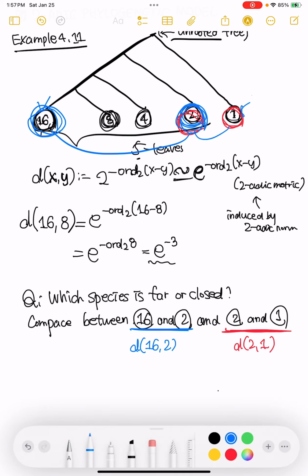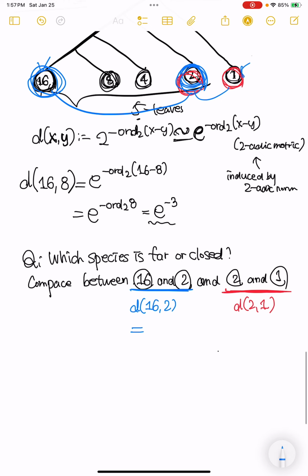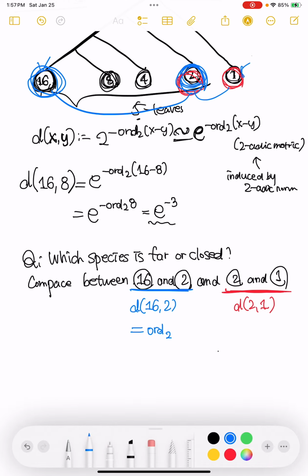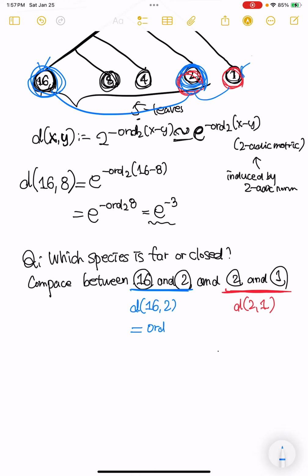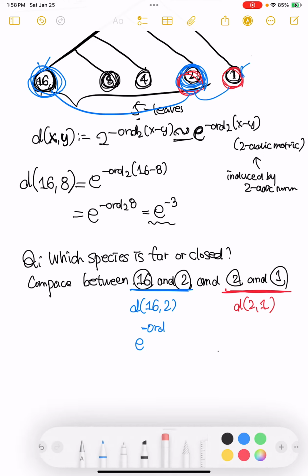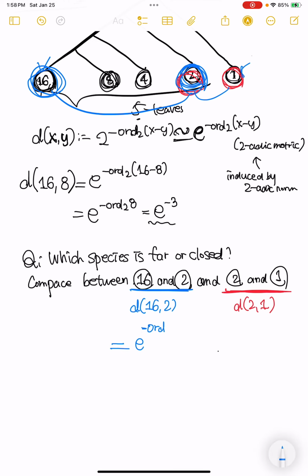When you think about this part, by definition, the exponential of 16 minus 2, that is like this.